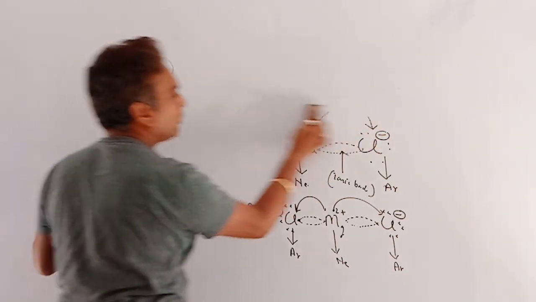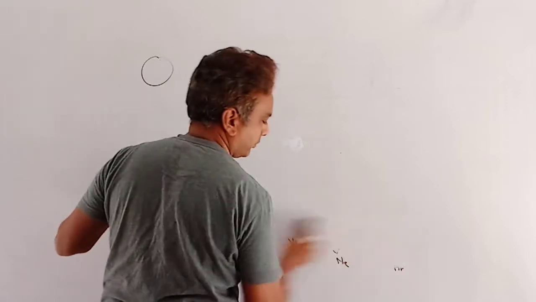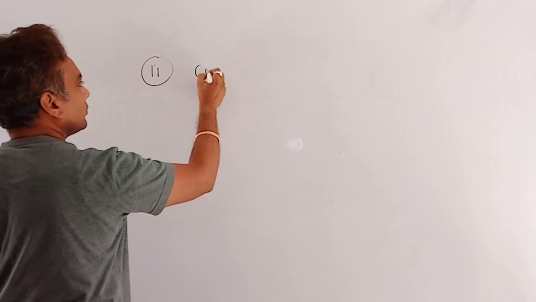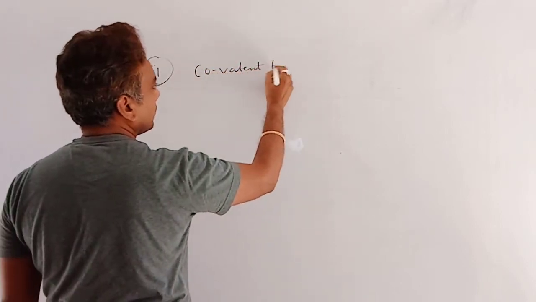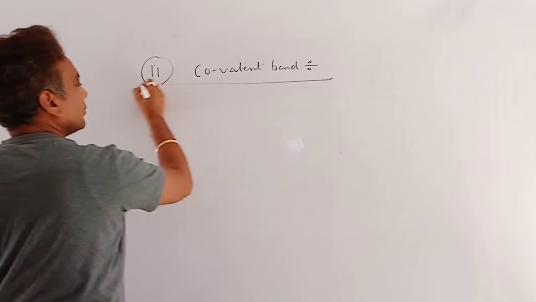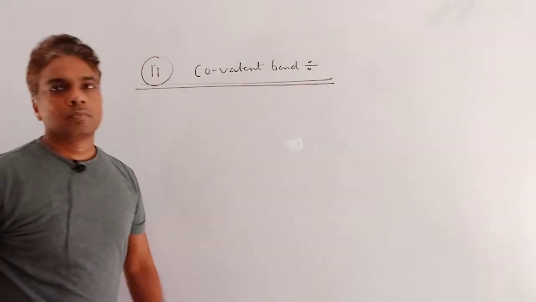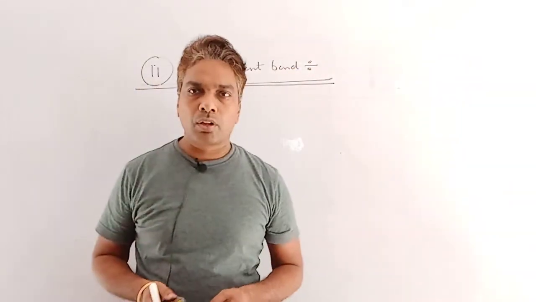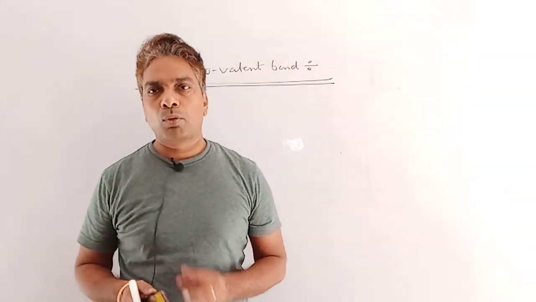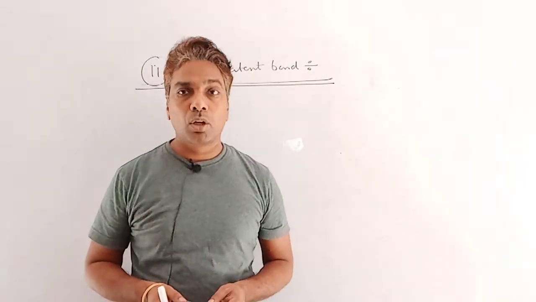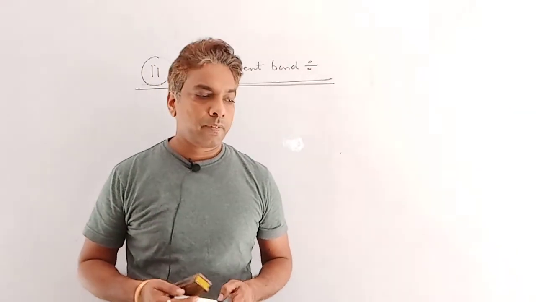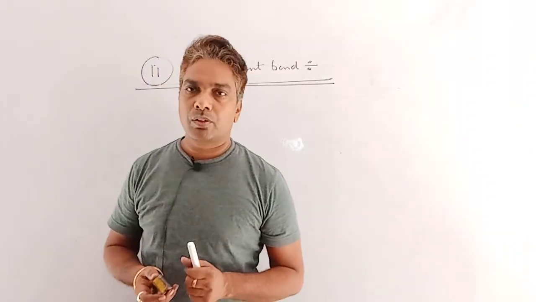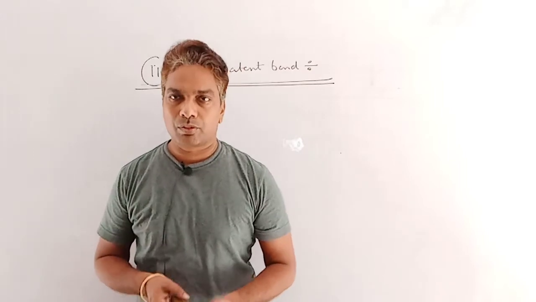Now, second is covalent bond. Covalent bond is the bond formed by the sharing of electron. And what is the condition to form covalent bond? The p block elements or non-metals mutually form covalent compounds.